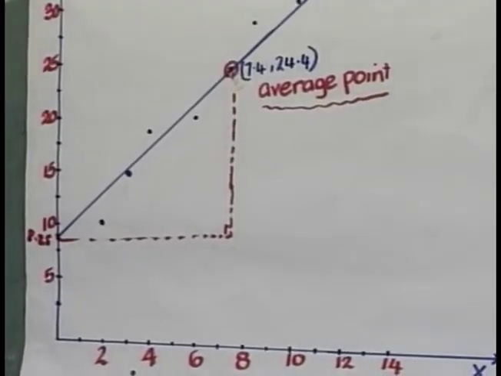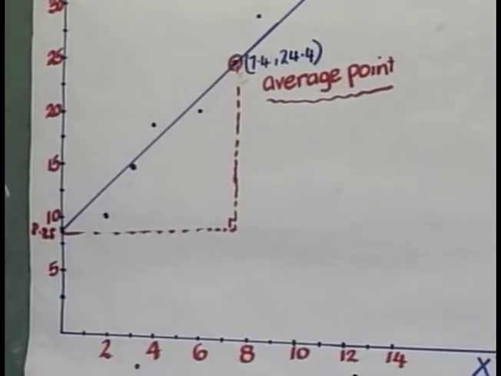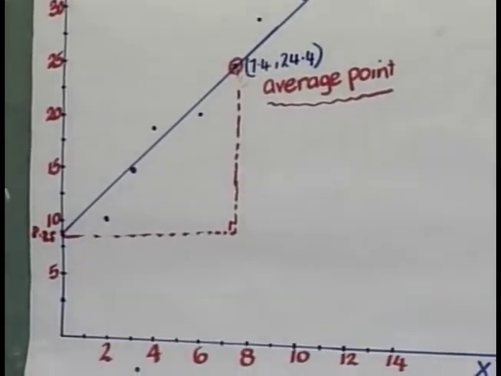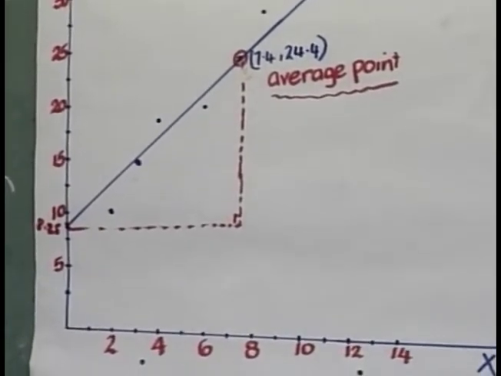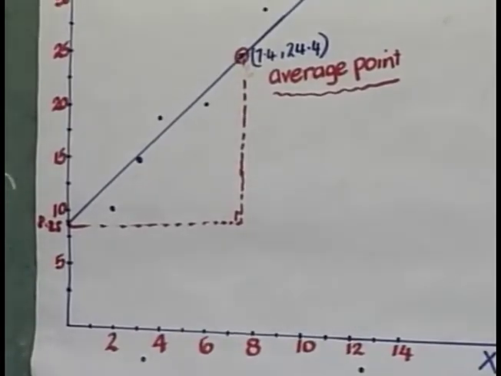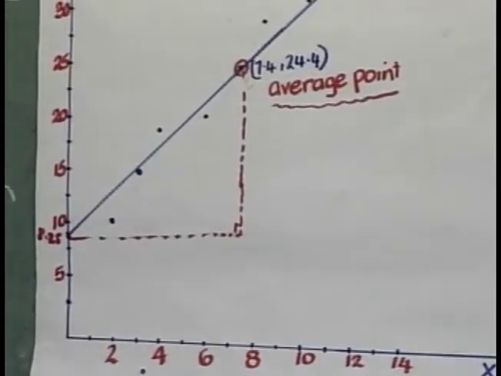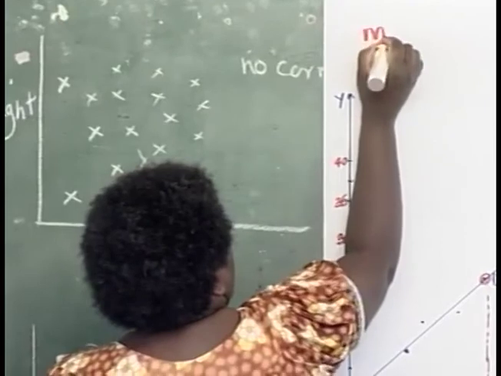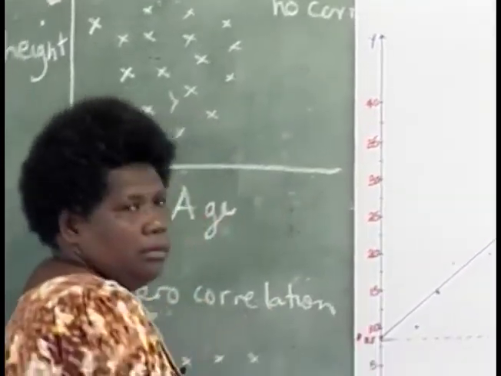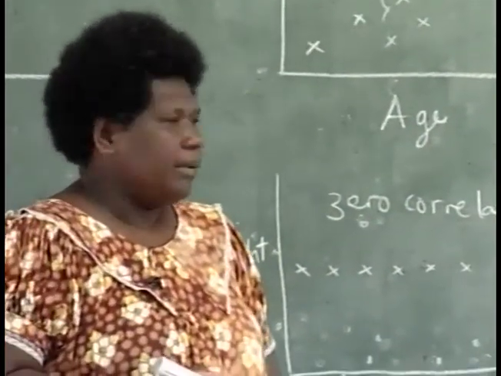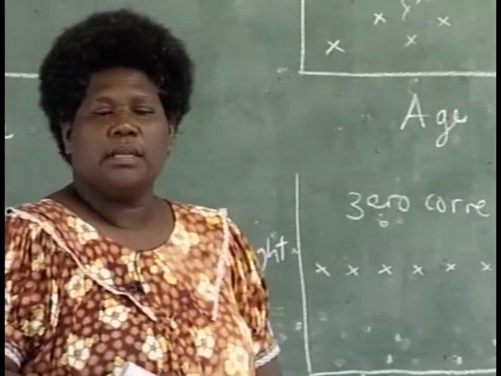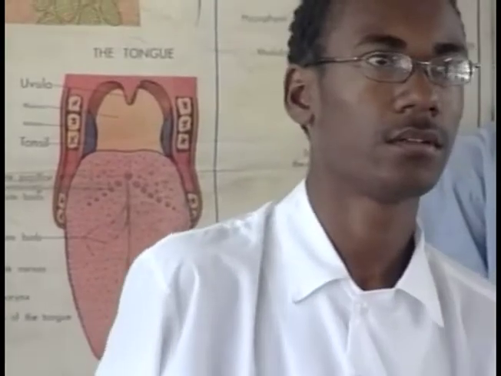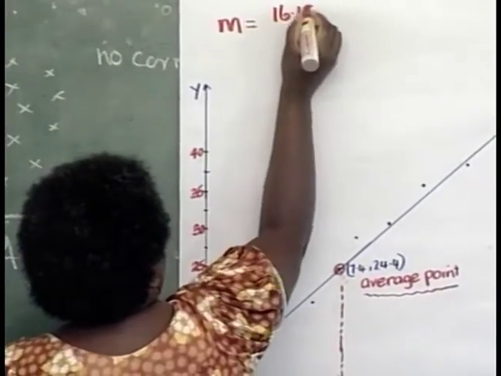now what is the rise? Livingston? 24.4 take away 8.25. What's the rise? Yes, 16.15. And the run?